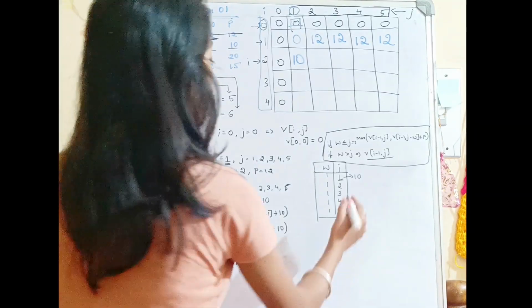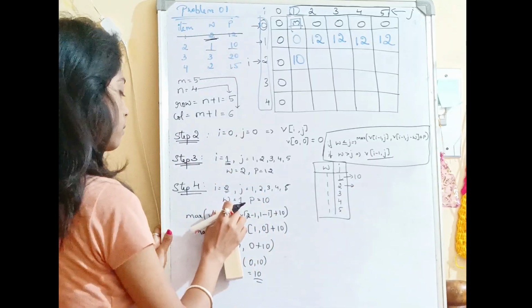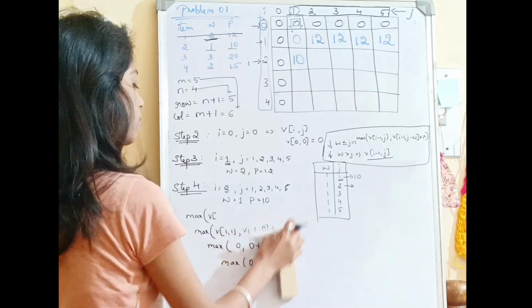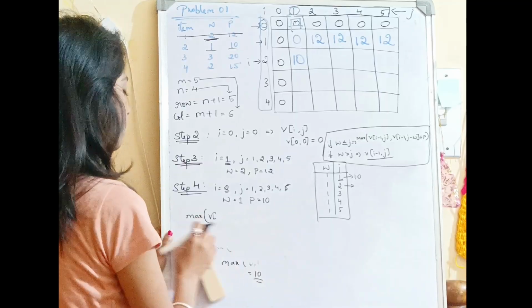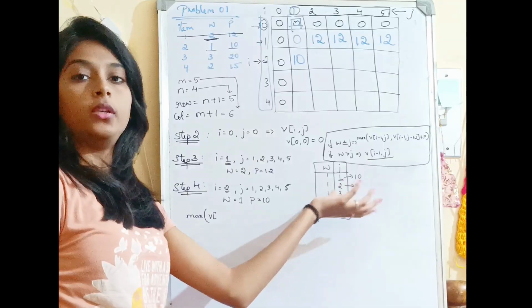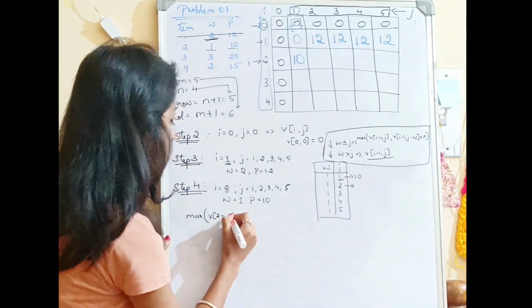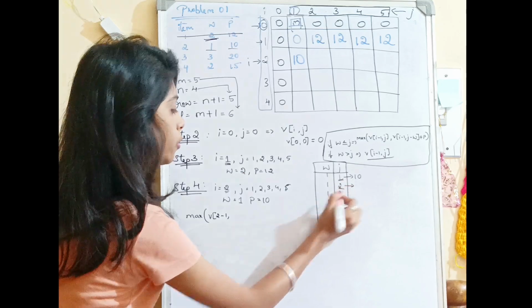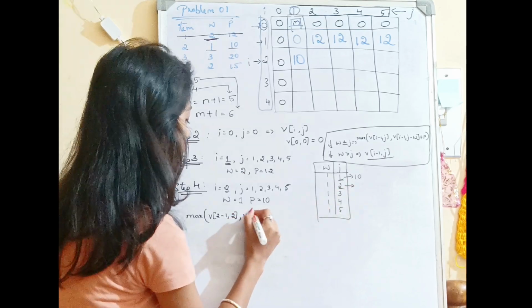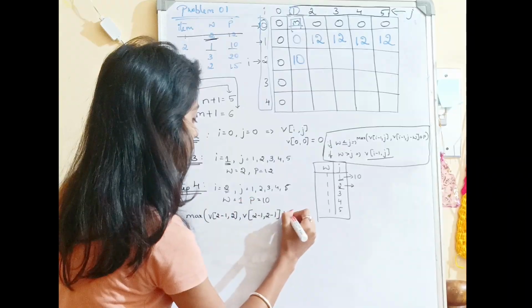Okay. The next one, that is 2. Is weight lesser than 2? Yes, it is lesser than 2. So 2 minus 1, comma, j is 2 now, v of 2 minus 1, j is 2 minus 1, that is w, plus 10.